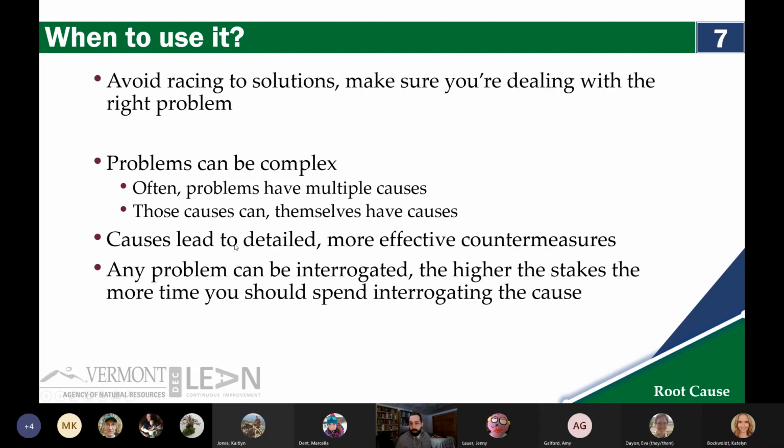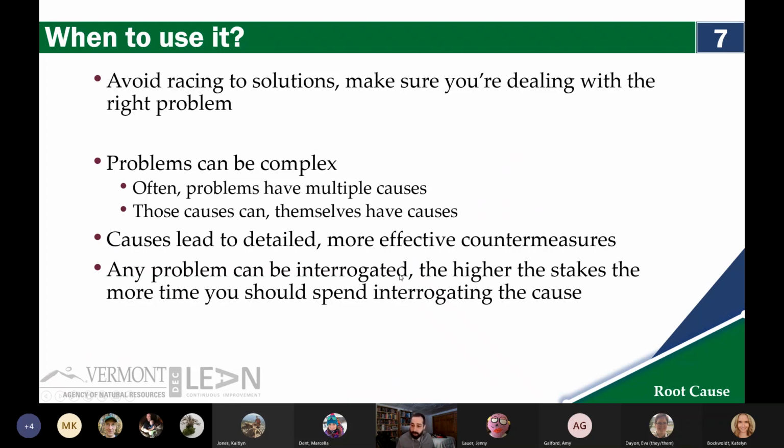The more you understand the causes of the problems you're dealing with, the more effective your countermeasures are going to be, because you can directly get at the root of those problems. That's why it's called a root cause analysis. You can pull up a weed, but if you don't get the root, it's just going to grow back. And you can use this tool to interrogate any problem.